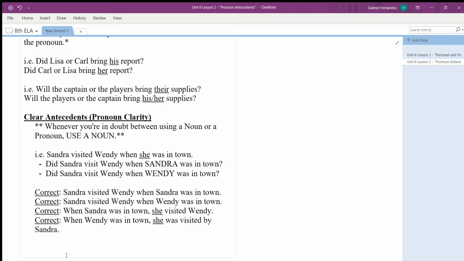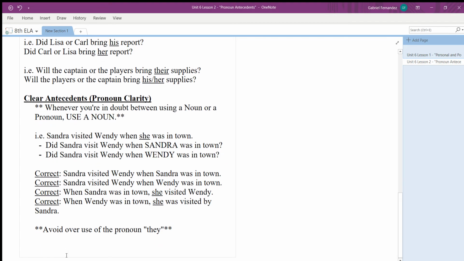When it comes to your writing also, it's very easy to overuse the pronoun they. Let me give you an example of something you guys might find yourself saying, okay? Your favorite phrase to use, a lot of you, goes along the lines of this.